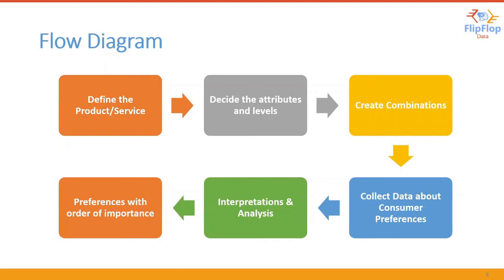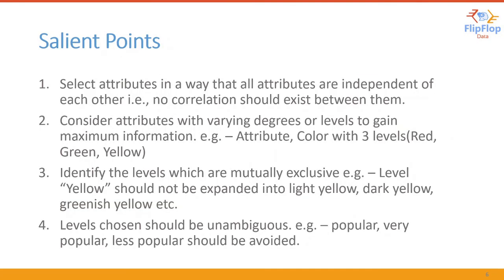So, while following these processes, we have a few salient points to cater to. So, first, while selecting the attributes, we have to select them in such a way that all attributes are independent of each other.